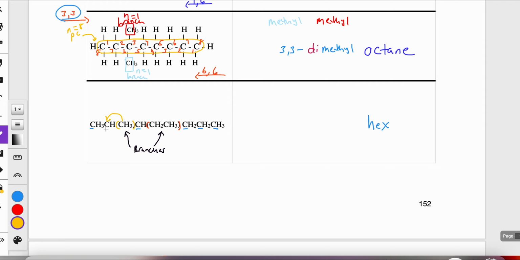So this carbon right here has one bond from this carbon. It has one bond from the carbon that's a branch. It has one bond from the carbon that's next in the parent chain, and it gets its final bond from this hydrogen here. So this carbon has 4 single bonds.